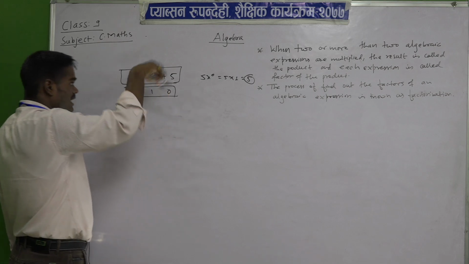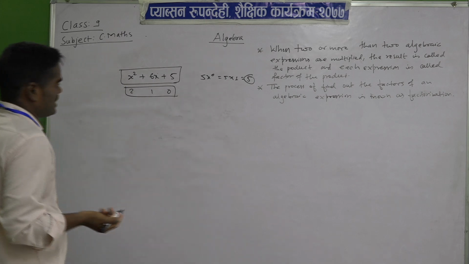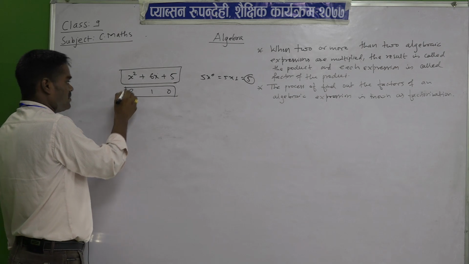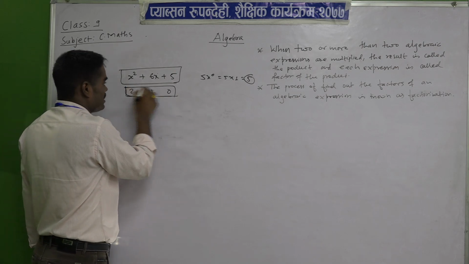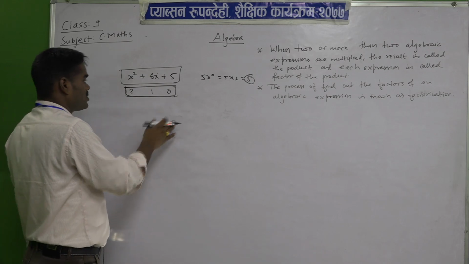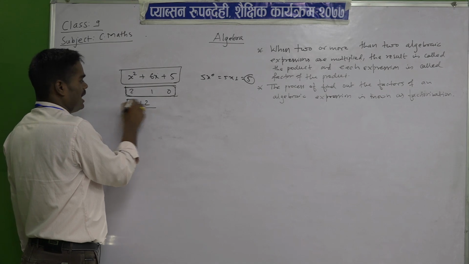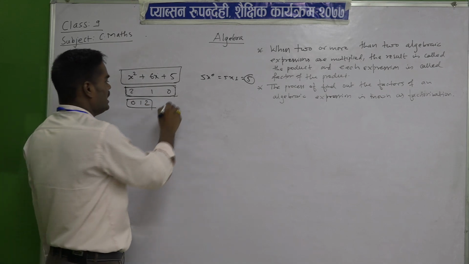So firstly, if they are in order, either in descending order or in ascending order, then after that we have to factorize. So we have seen such an expression is in descending order. If not in order, you have to arrange them either in this order or 0, 1, 2, either in ascending order or in descending order.